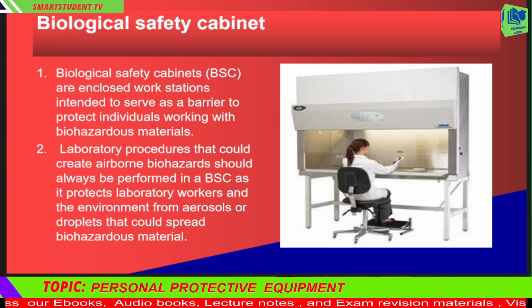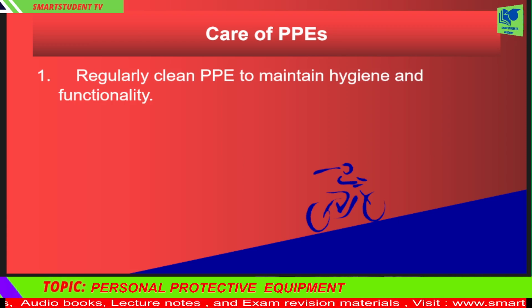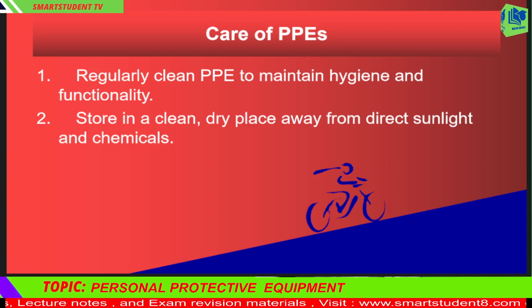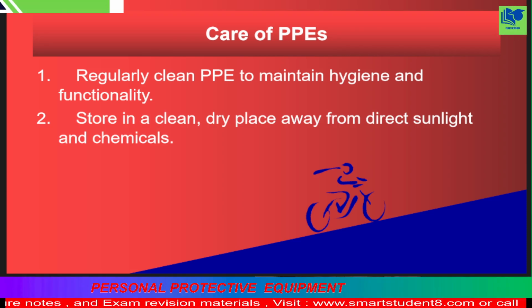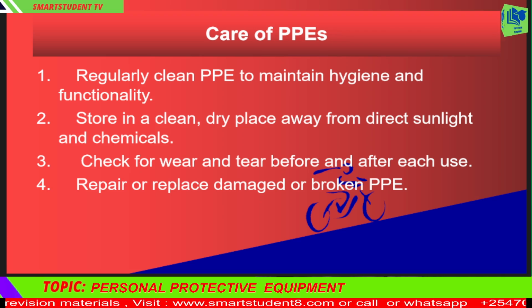Care of PPEs. 1. Regularly clean PPE to maintain hygiene and functionality. 2. Store in a clean, dry place away from direct sunlight and chemicals. 3. Check for wear and tear before and after each use. 4. Repair or replace damaged or broken PPE.